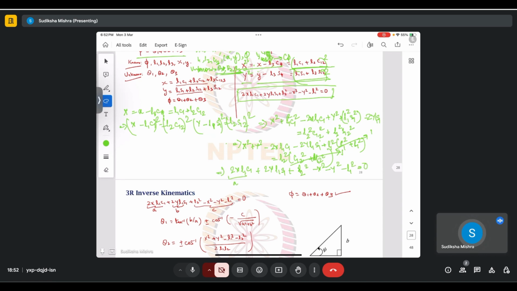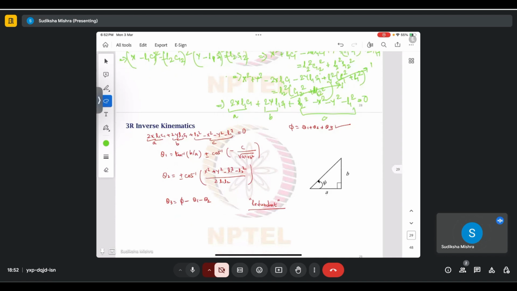Assume this to be small a, this to be small b, and this to be small c, like we considered in the 2R problem. And if you consider a triangle which has small a and small b as its arms, and the angle psi, then tan psi is b by a, essentially.